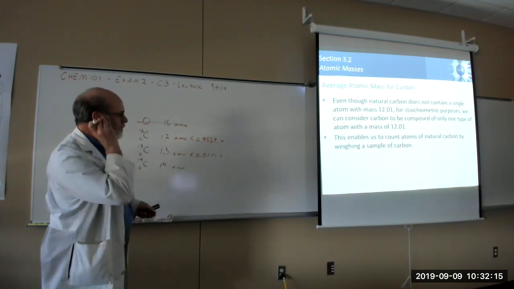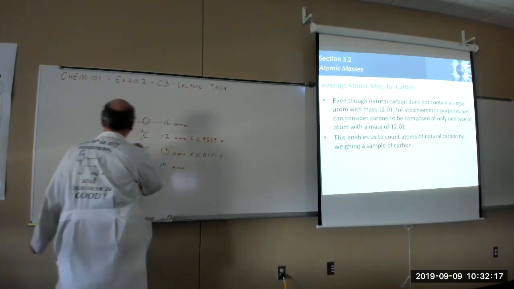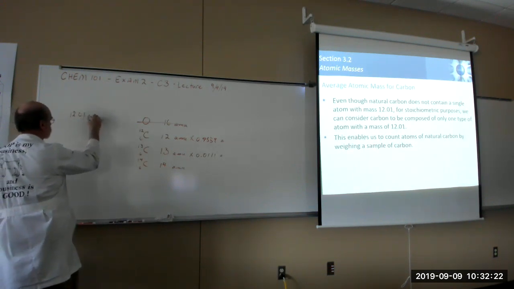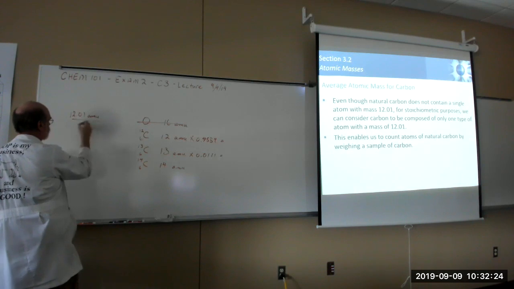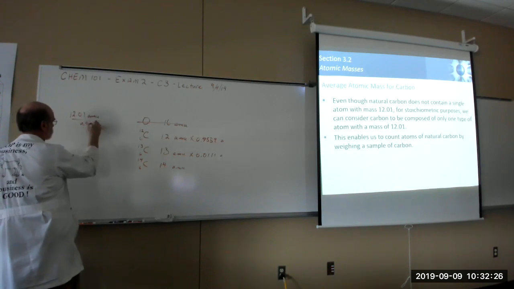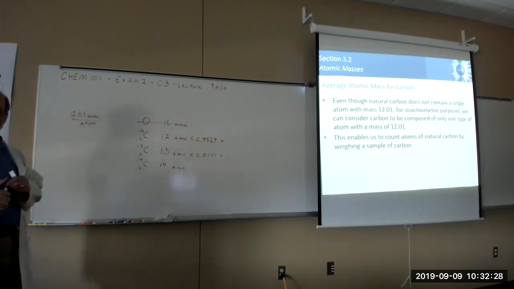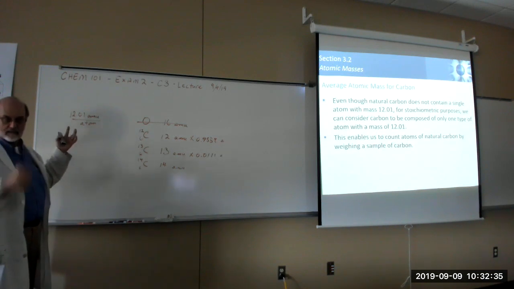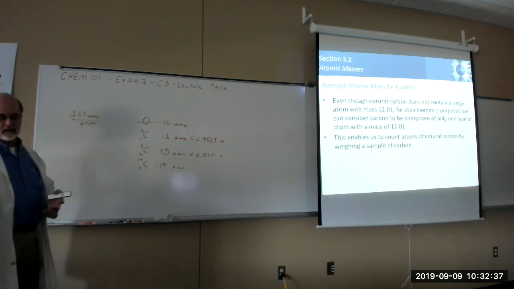Because this value, 12.01 atomic mass units, is per atom. Right? So if you know the number of atomic mass units you have, then you can find out how many atoms you've got.